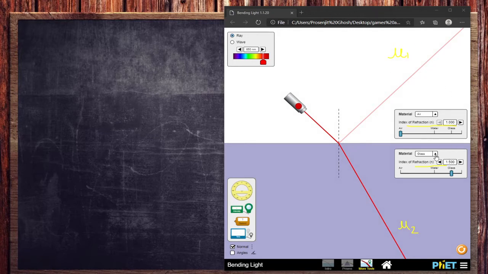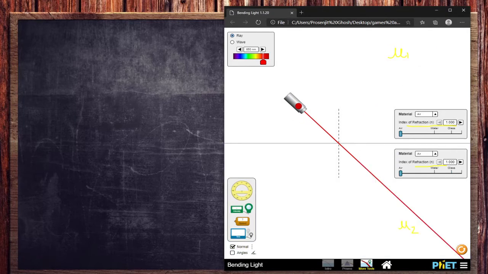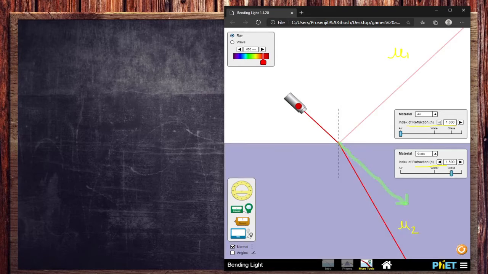If I take a homogeneous medium, which is nothing but both mediums as air, you can see that the light is moving in this direction steadily because there is a homogeneous medium and no change of medium occurs. But when I change from air to glass, see, the light is bent from the original path. This makes some angle over here, and that angle is known as the deviation angle.